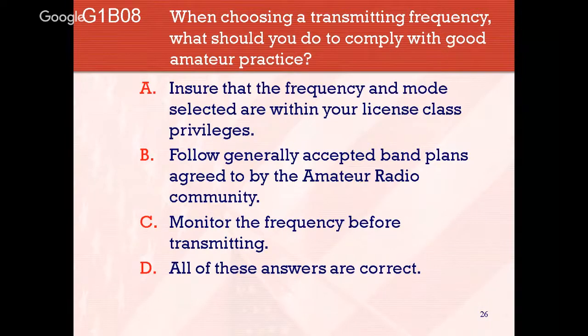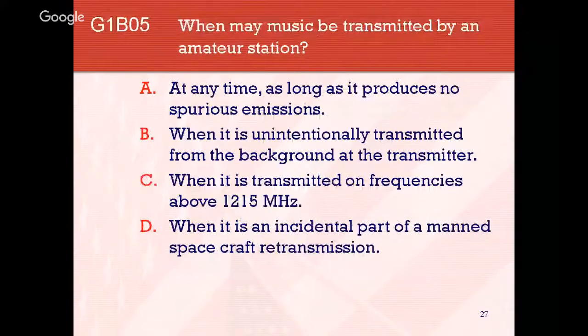You monitor the frequency before transmitting, so all of these are correct. D is your answer. When may music be transmitted by an amateur station? Again, this goes right back to NASA, and only D is the correct answer: when it is an incidental part of a manned spacecraft retransmission.